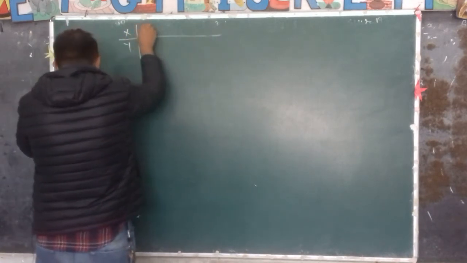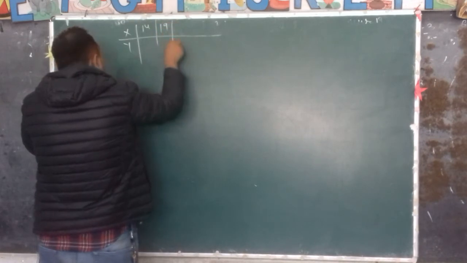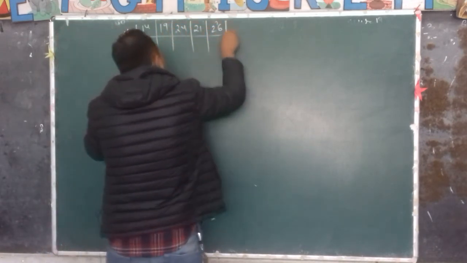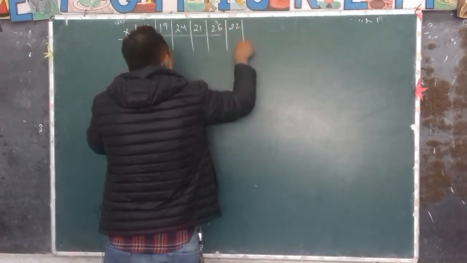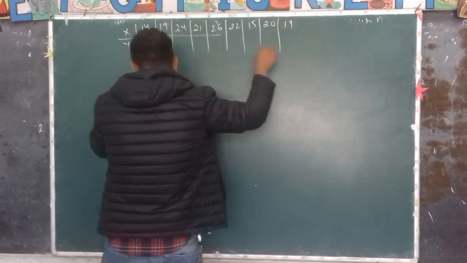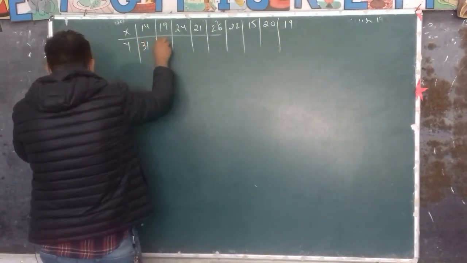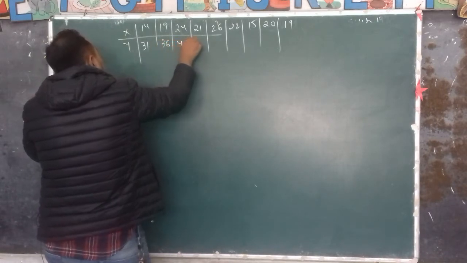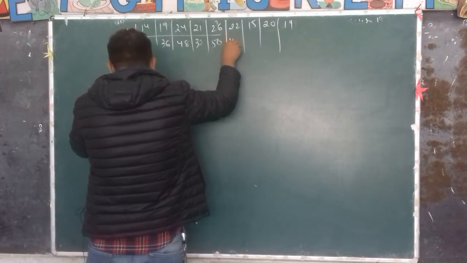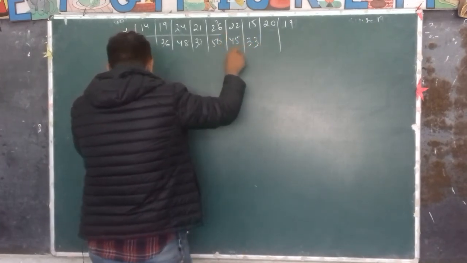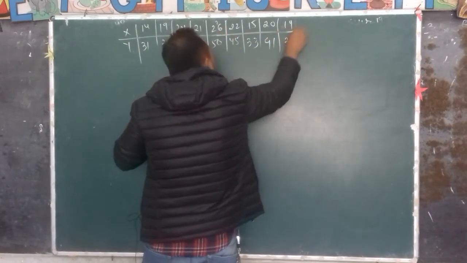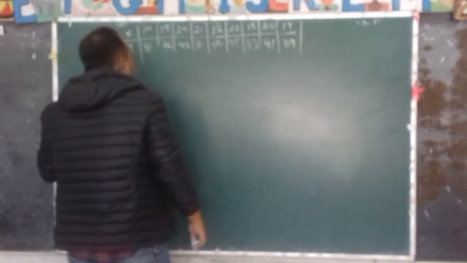I'll just write down the values: 14, 19, 24, 21, 26, 22, 15, 20, 19, and the values of y: 31, 36, 48, 37, 50, 45, 33, 41 and 39. So these are the values of x and y.